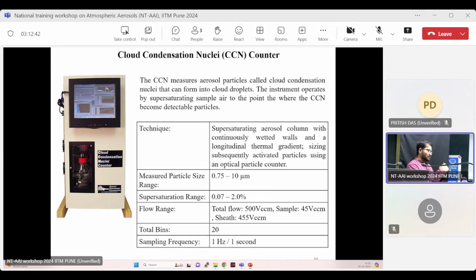At the end of your chamber, you measure all the particle sizes as well as number using an optical particle counter, which has a range of 0.75 to 10 micrometer and 20 size bins. These are all technical details. It has a sampling frequency of 1 second, so every 1 second you can calculate CCN number concentration.